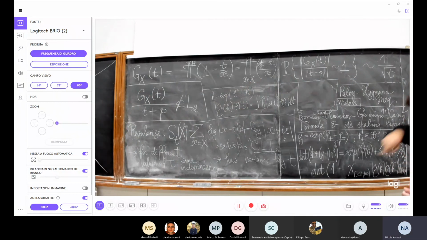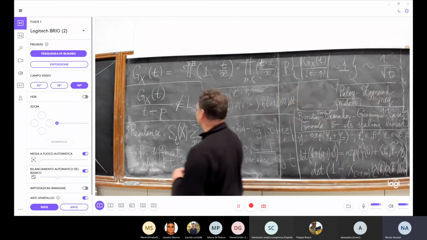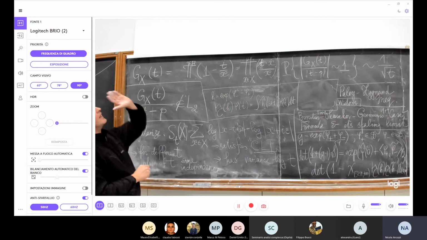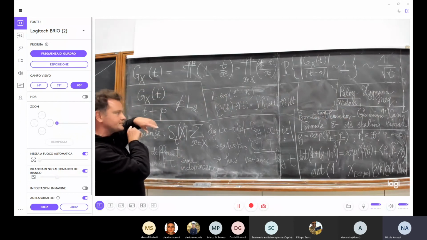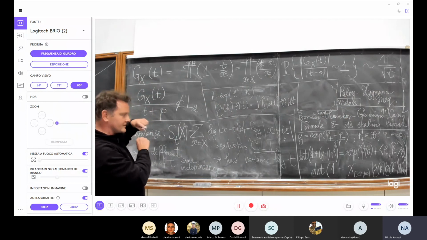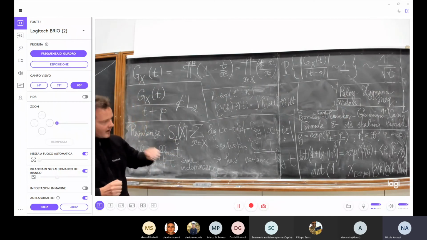And using independence in applying this result, this Szegő-type formula at different times, we obtain the main result. There is an important technical difficulty which I'm completely hiding under the carpet.